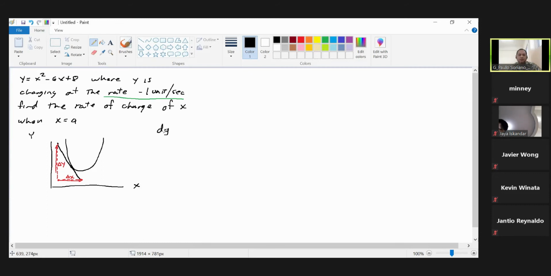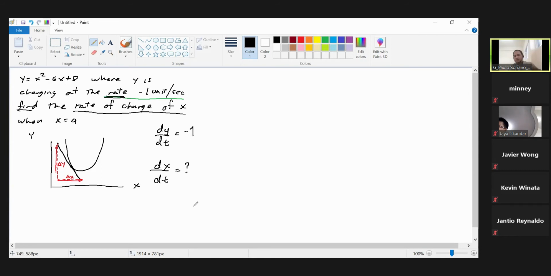It's a change of y, and rate is with respect to time, so dy/dt is negative 1. We are looking for the rate of change of x, so we are looking for dx/dt.